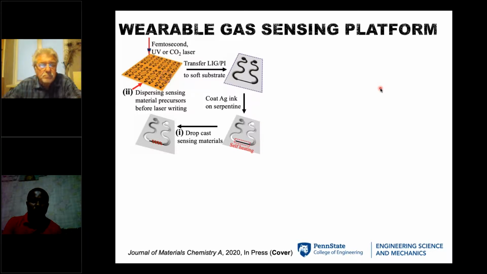And in addition to healthcare, we are also interested in the industrial safety and the environmental exposure of toxic gases. So that's why we got interested in wearable gas sensors.